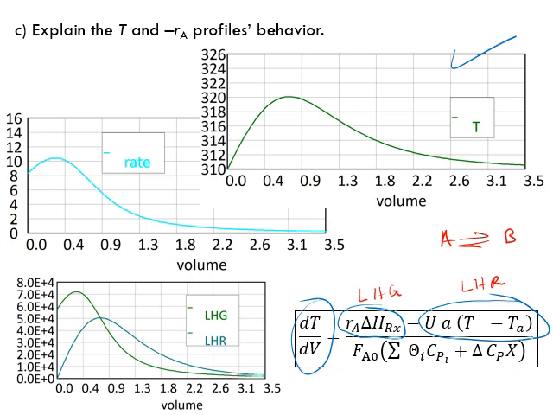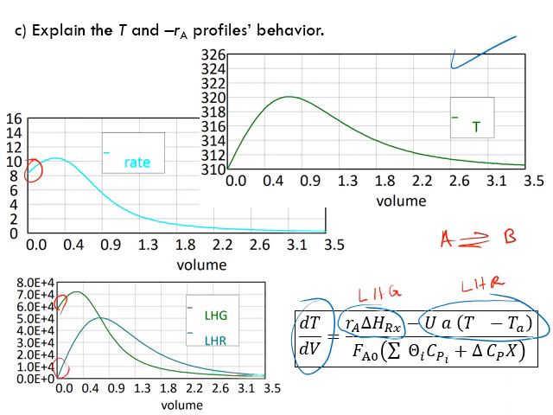So at the beginning we have high concentration of A, therefore we have high rate of reaction. We have high rate of reaction in such a way that the localized heat generated through the reaction is more than the localized heat removed.